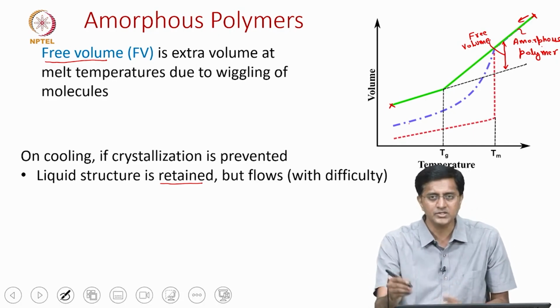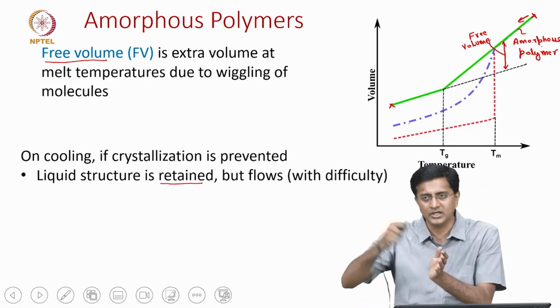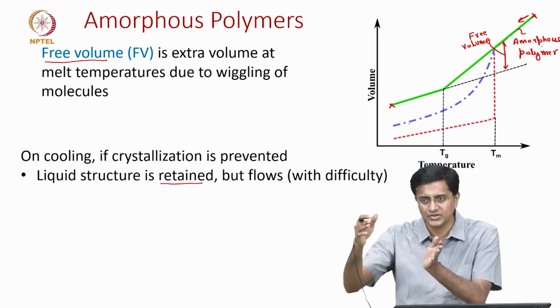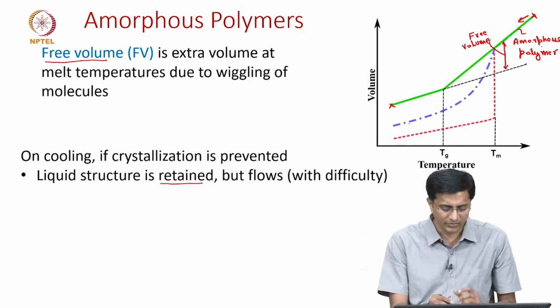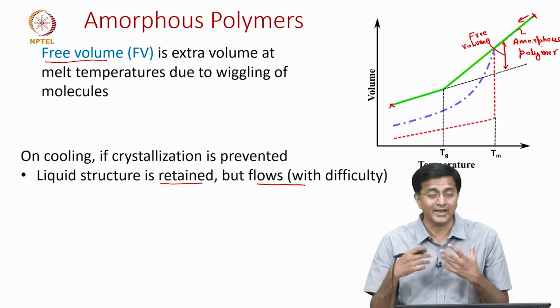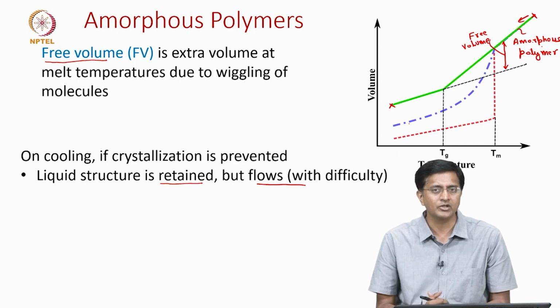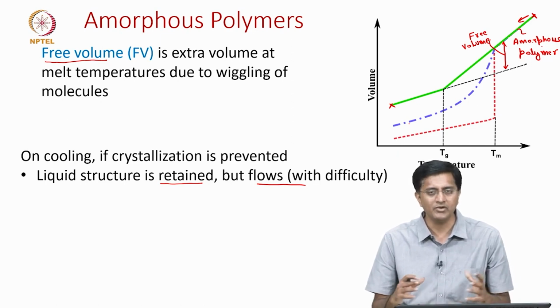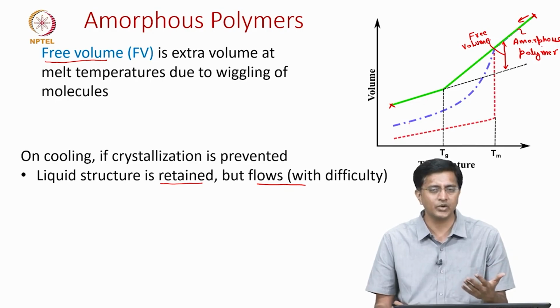But as it cools, the thermal energy is less, so this jiggling is less and less. Since the spaces are less, it still flows, but there is a difficulty to flow. The analogy to think about is driving on roads. On a highway, because there is more space, the vehicles usually go faster.